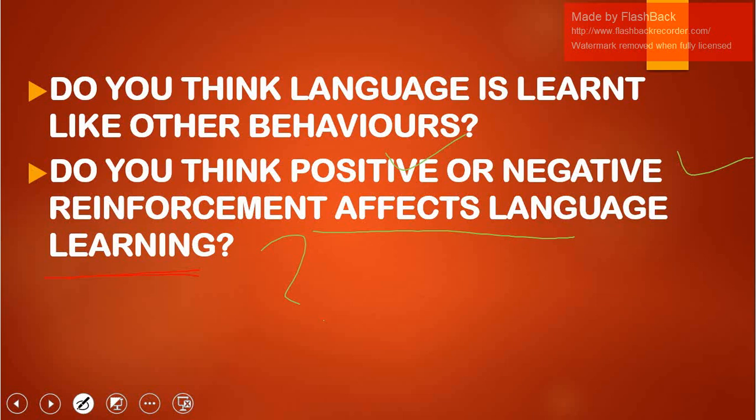So he learns that word, he or she will repeat that word in future, and it will affect his or her language learning, right? Am I right? And if he or she is rebuked for saying the bottle, will he or she repeat that word again, or will he or she change the word and say milk instead of bottle?